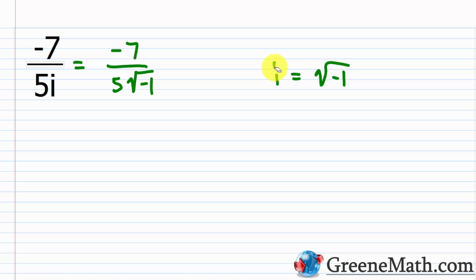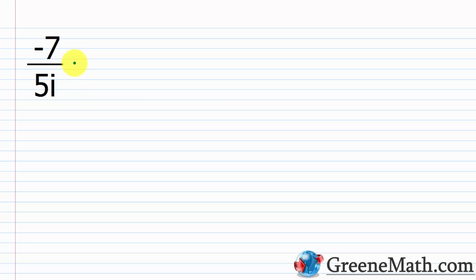We know that a simplified radical expression does not contain a radical in the denominator. So we want to rationalize this guy. And so we can multiply both the numerator and denominator by the square root of negative 1. But typically what we'll do is just keep it in this format of i. So I'll do i over i, right? So in the numerator, I'll have negative 7i.